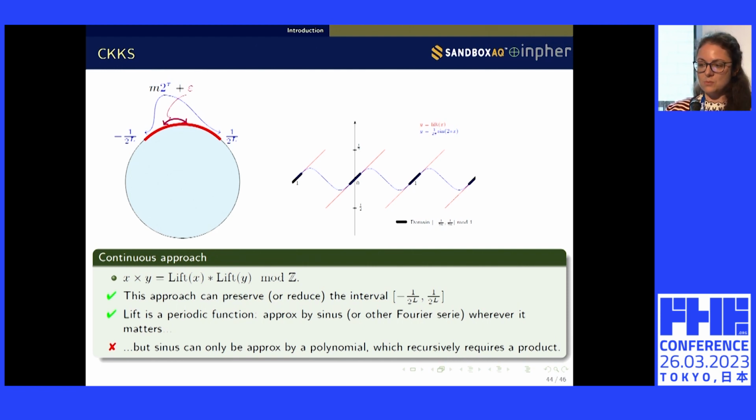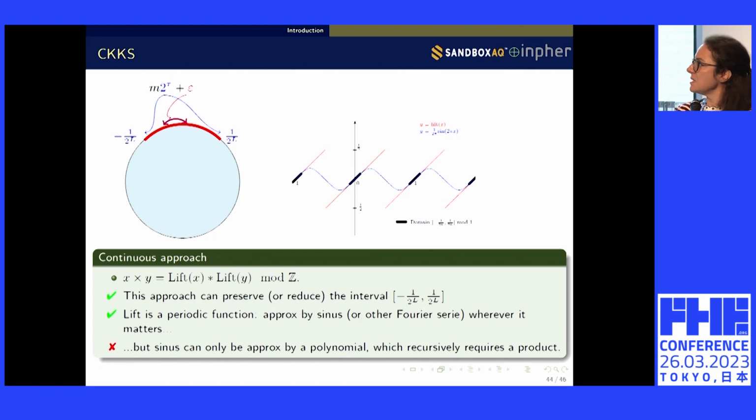In the case when we really use numbers that are close to integers, that means in a small interval, we can approximate these periodic discontinuous functions by a continuous one, for example, by the sinus or other Fourier expression.